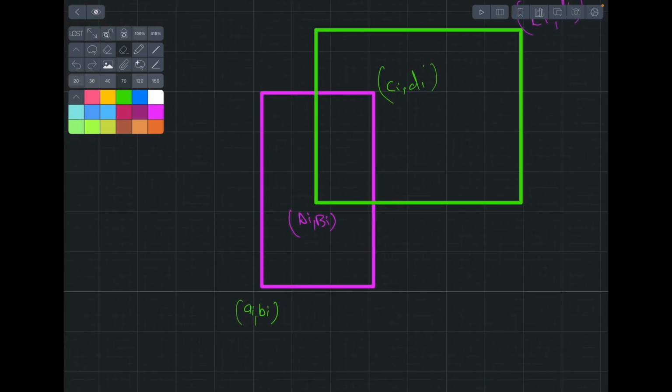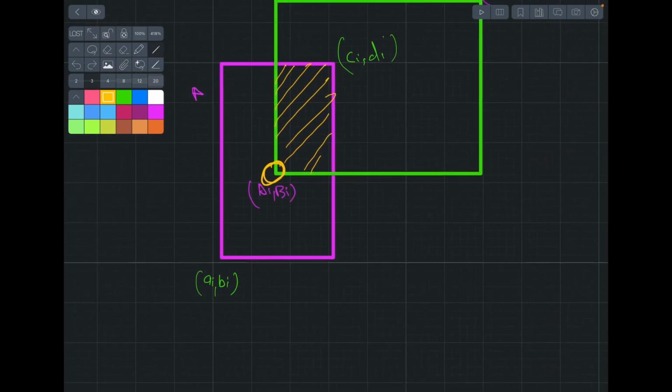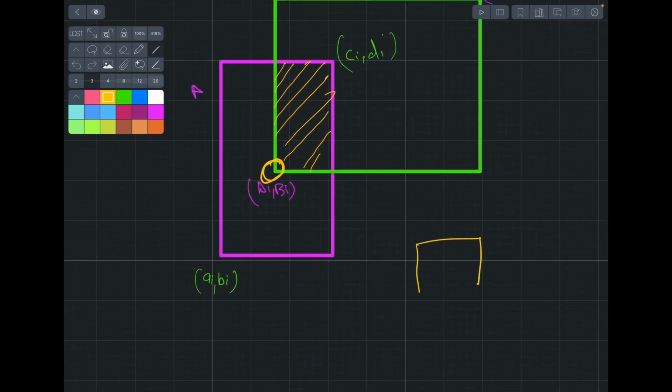Suppose this is rectangle A, this is rectangle B, and in the middle this rectangle is the intersection. So how will we find it?